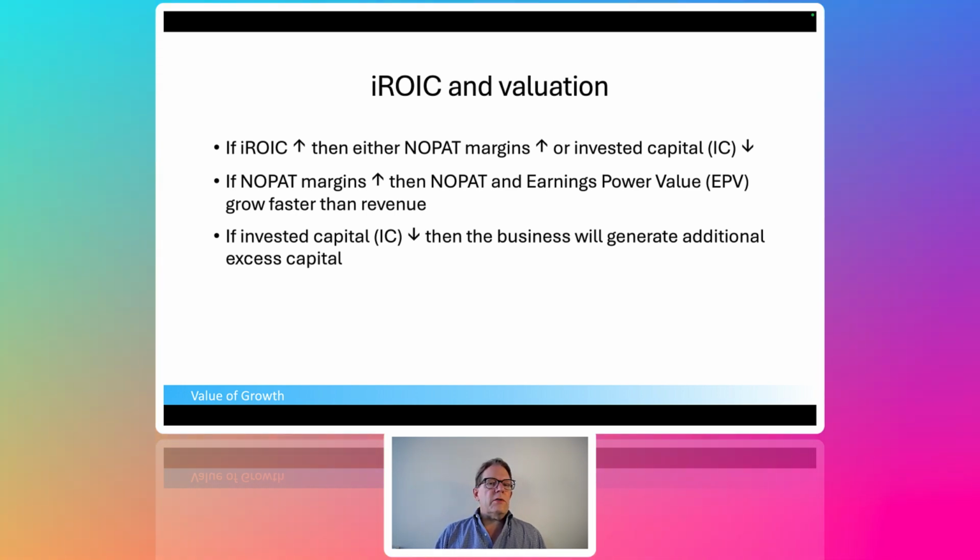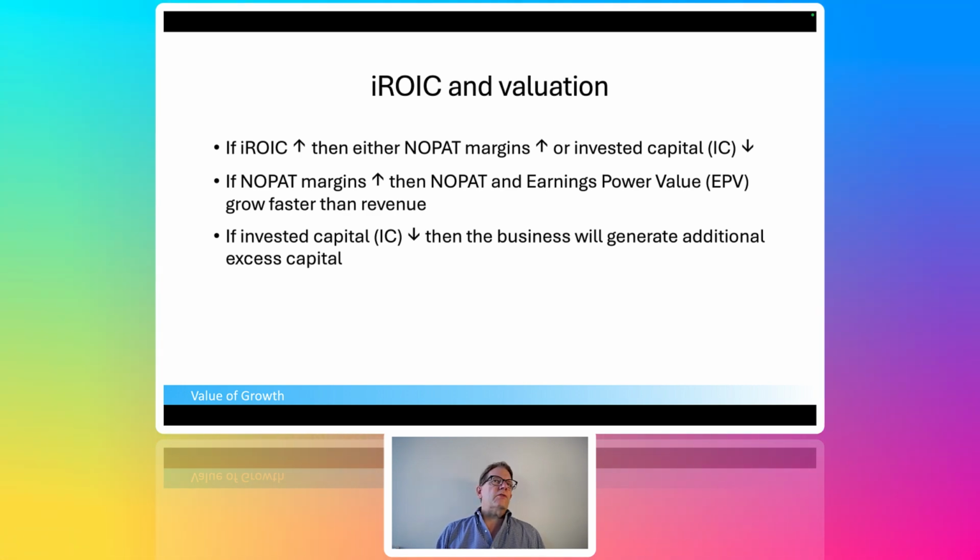All right, if NOPAT margins are increasing, that means NOPAT and your earnings power value are growing faster than revenue. The business is getting better. Business is getting more profitable. And if invested capital is going down incrementally, then the business will generate additional excess capital as it grows. There'll be more capital it throws off as it grows. So these are just important implications. If you're making the argument that the incremental return on invested capital for the business is going to get better, it really has to be driven by incrementally more profitable growth, or you have less capital intensity, more capital efficiency as you grow.